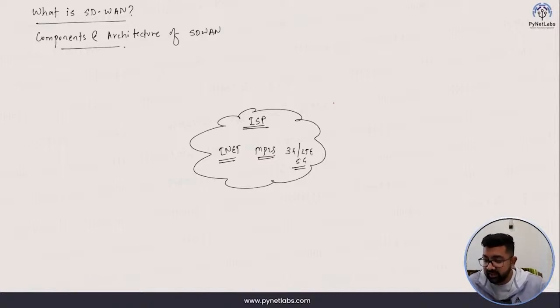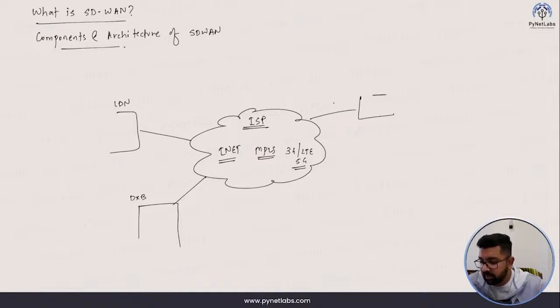That connects various remote branches of your organization. So you might have a center situated in London, another in Dubai, another in Singapore, and maybe another in Delhi.